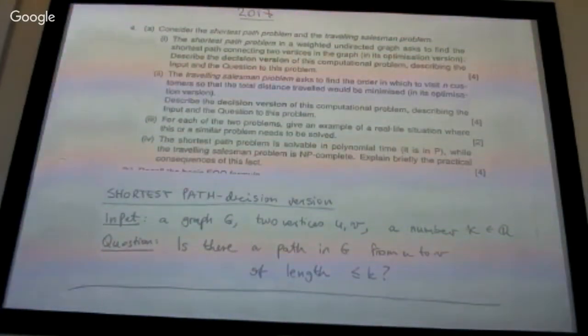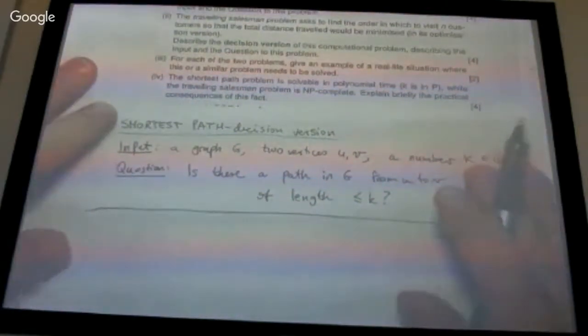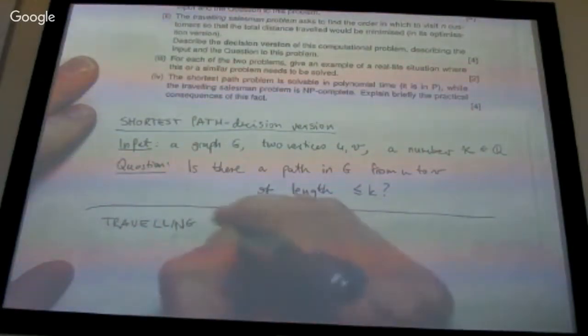Okay, traveling salesman problem, decision version. I don't remember what exactly we did in the notes.